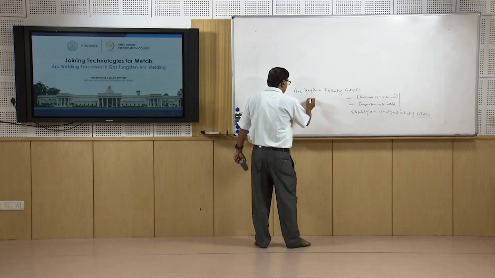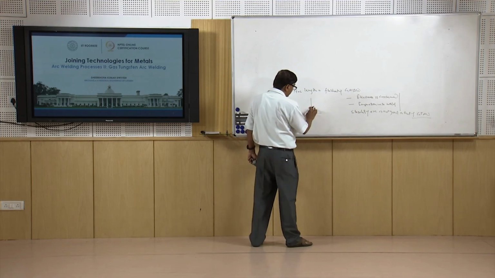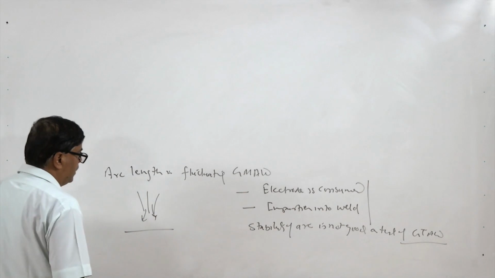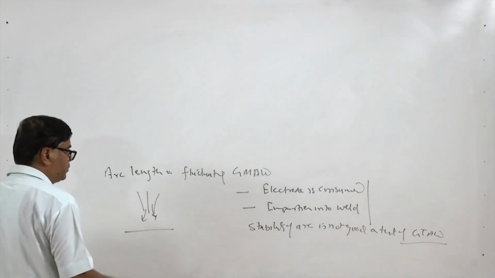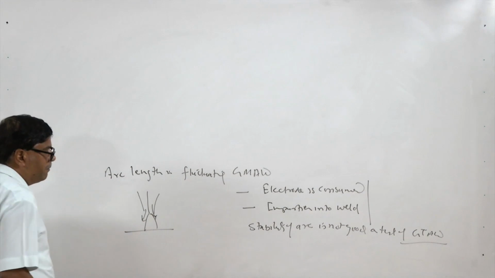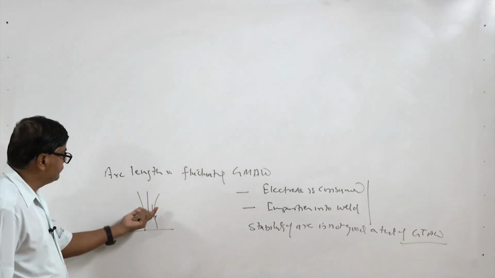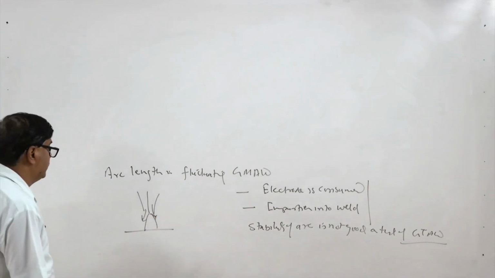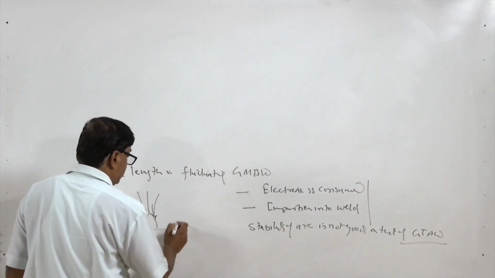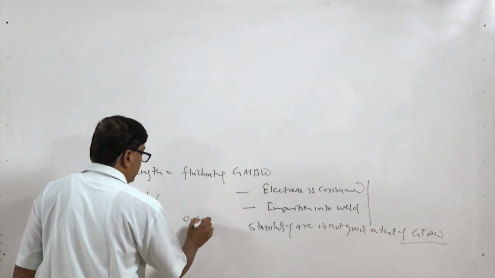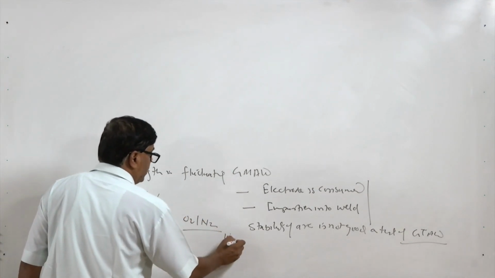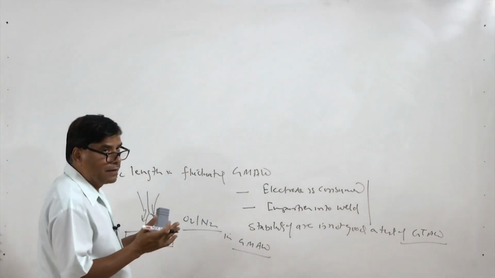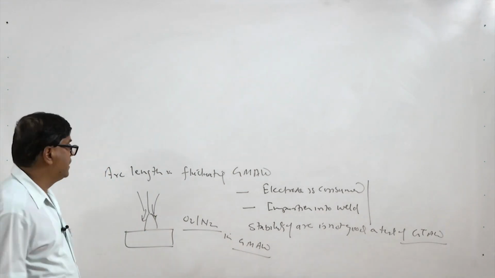So, now we can see here, if the arc length is fluctuating, this is the nozzle, all inert gases are coming out, and if the arc length is fluctuating, then the protection being provided by the shielding gases will not be that effective, and because of this the oxygen and nitrogen concentration in the GMAW weld is somewhat greater than what is offered by the GTAW process.